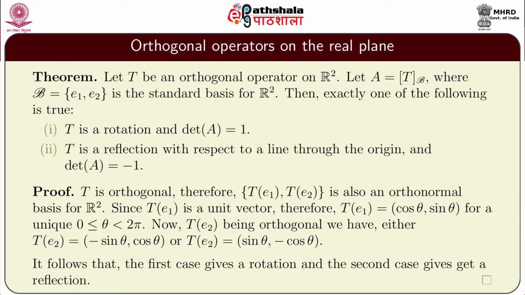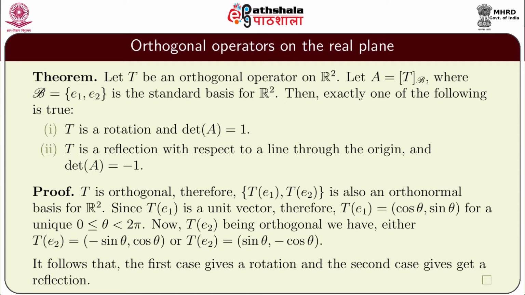Now, Te2 being orthogonal to Te1, we have either Te2 is equal to (minus sine theta, cosine theta) or (sine theta, negative of cosine theta).